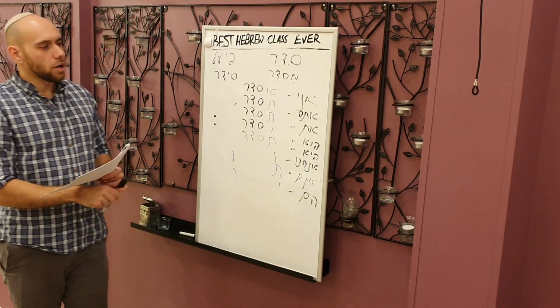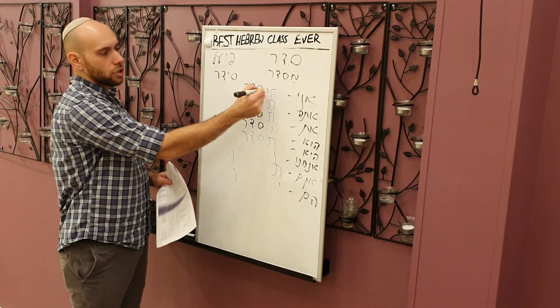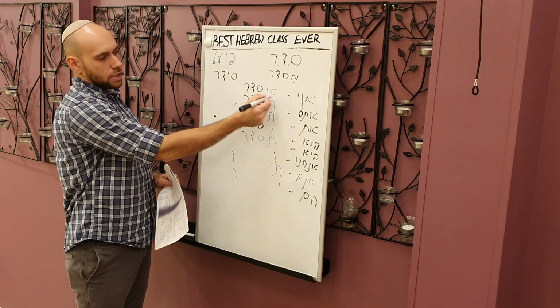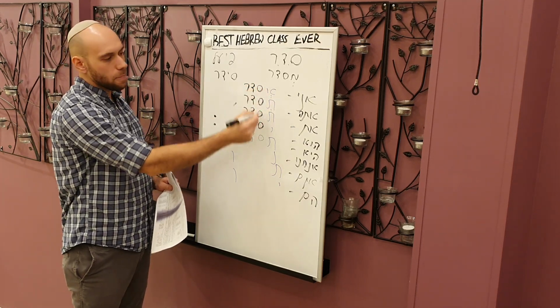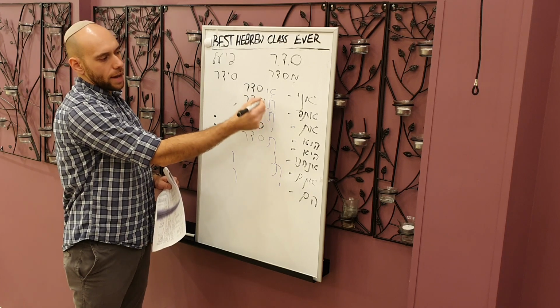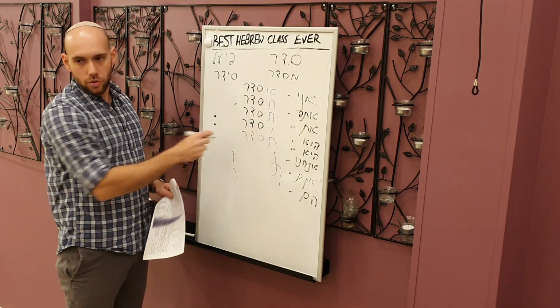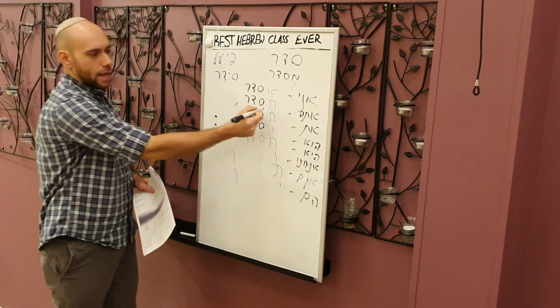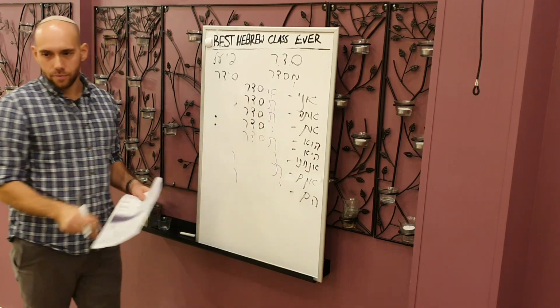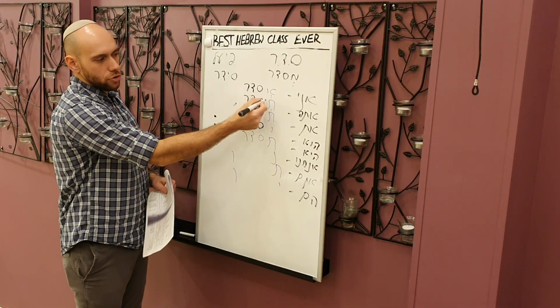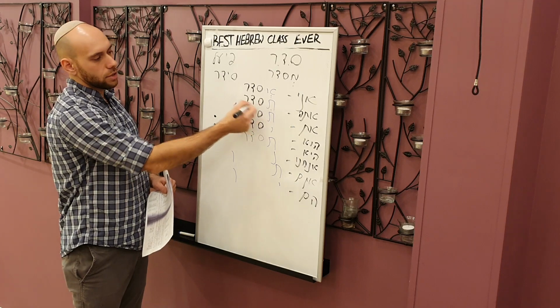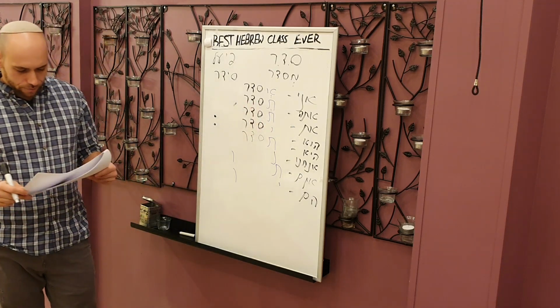Just like the Nifal had a yud here in the second place, except for the aleph, so everywhere you had an E sound, now here you have an S sound. It's built into it. And there is no yud here because you don't need a yud. It's not an E sound, it's an S sound. So that's how you know.